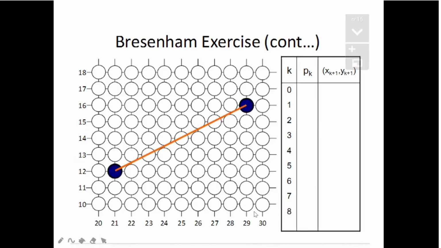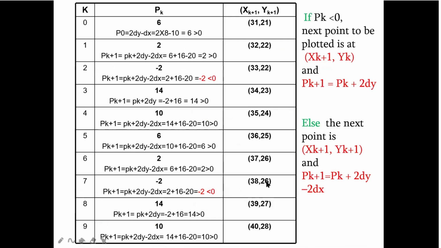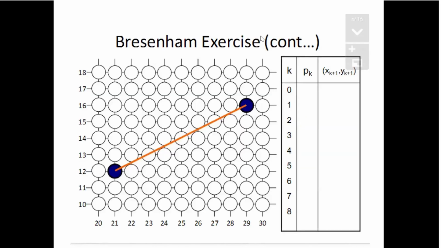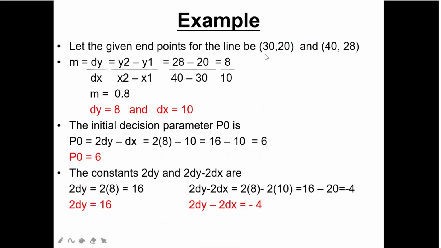Now, once you are done with all the points, you have to plot the graph. So this is your starting point, this is your end point, and you are going to plot the graph. But how to plot the graph? We should know some of the values, right? So here you can see, according to my question, I have started from 30, 20, and I have to continue this process till 40, 28.